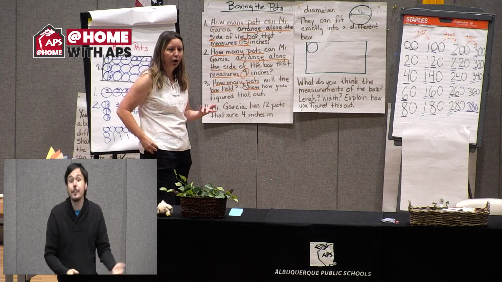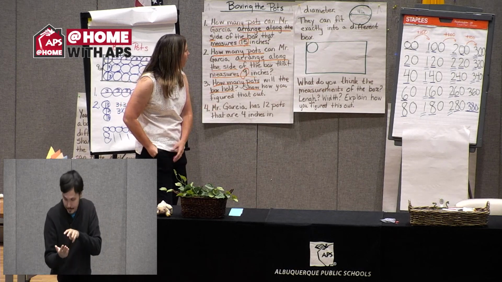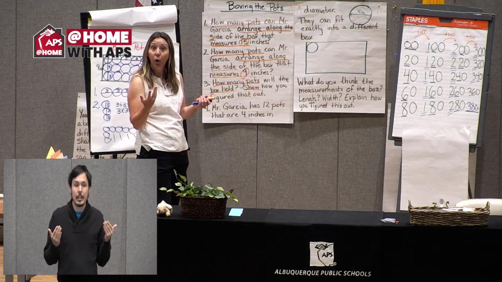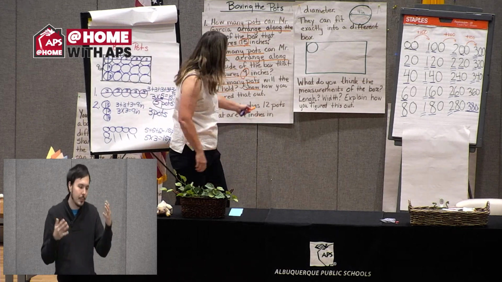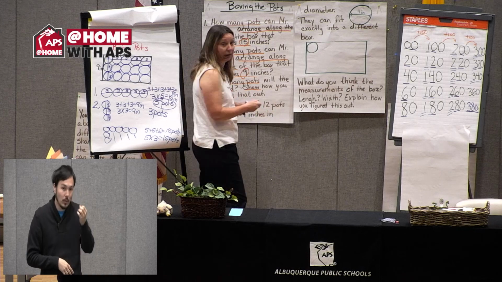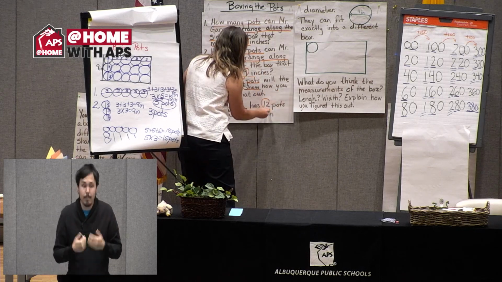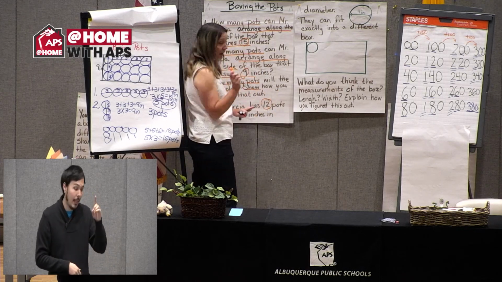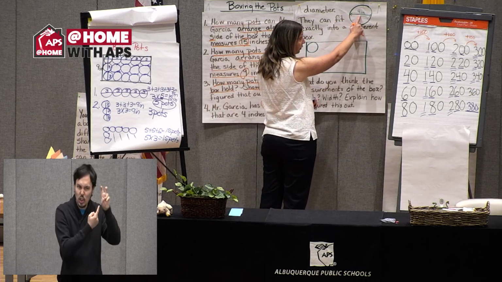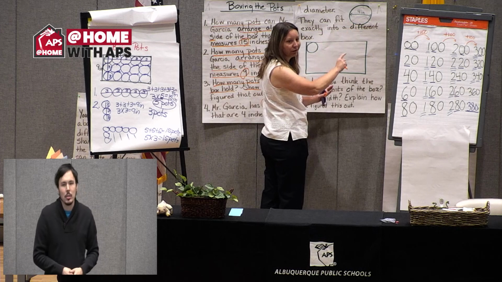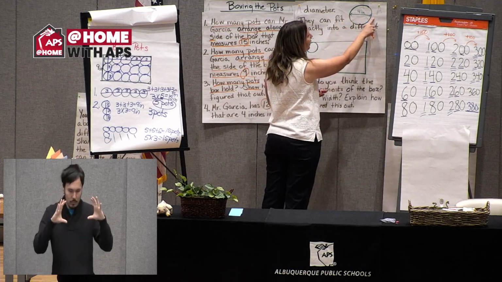So again, what quantities do we have? So we know that we have 12 pots, right? We know the diameter, again, the diameter is a line that goes through the center, from one edge to the other edge.